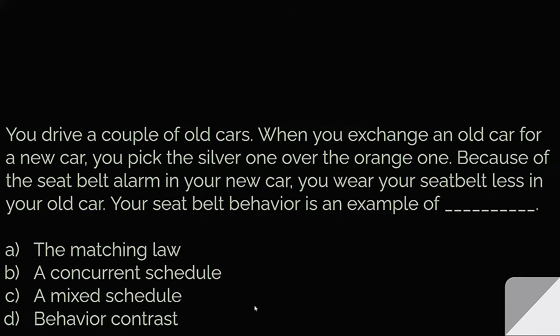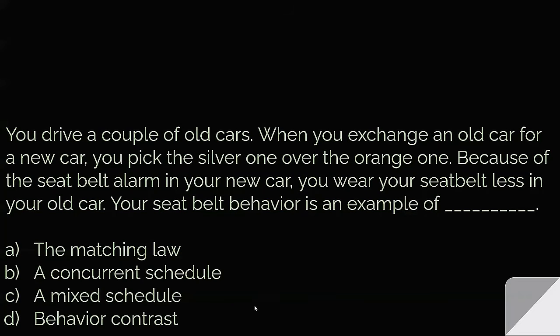So it's not that. Concurrent schedule, okay, sort of. I mean, you can drive one car or the other, so you could choose which car to drive. You have a choice, but this isn't really about the concurrent schedule of which car you want to drive at any given time. This is about behavior contrast. In a mixed schedule, you just wouldn't know what the schedule of reinforcement in place is, and that's not it.